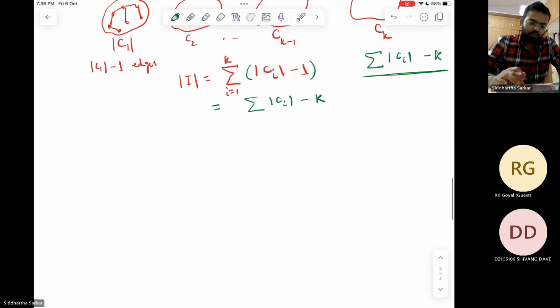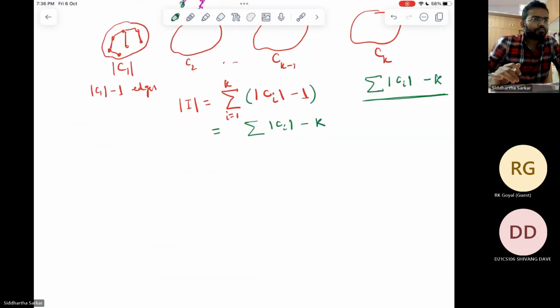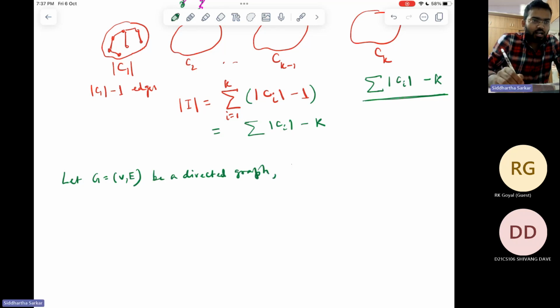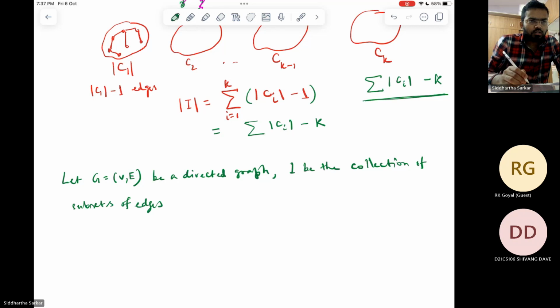Let G be a directed graph, and I be the collection of subsets of edges without any directed cycle.